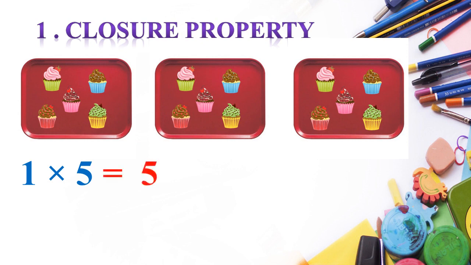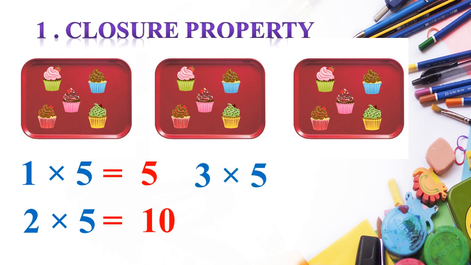Next, the number of cakes for 2 trays. That is 2 into 5 equal to 10. Next, the number of cakes for 3 trays. Therefore, 3 into 5 equal to 15.